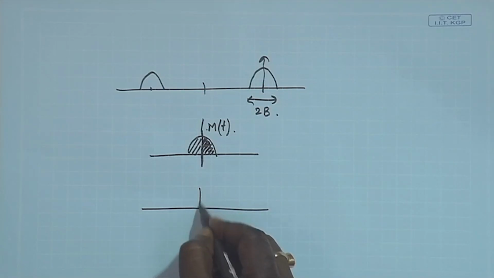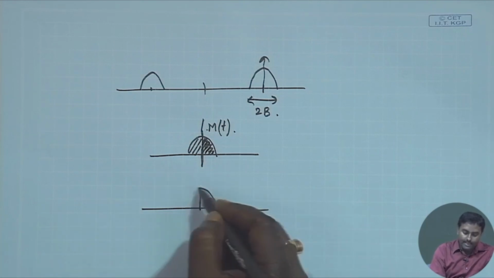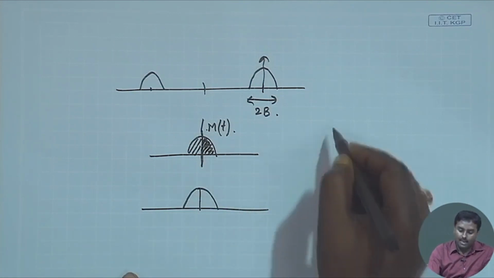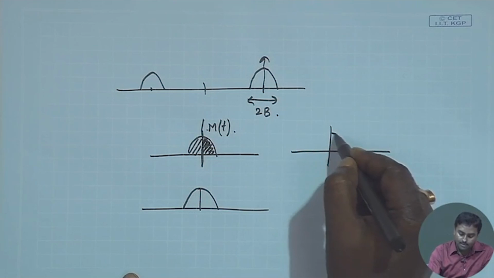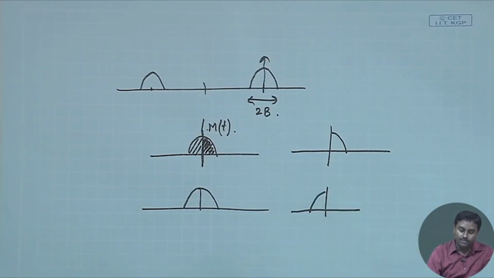To do that, as you can see, I need to get one half of it, right. So, if this is M(f), I will represent this as one half this and another half this.